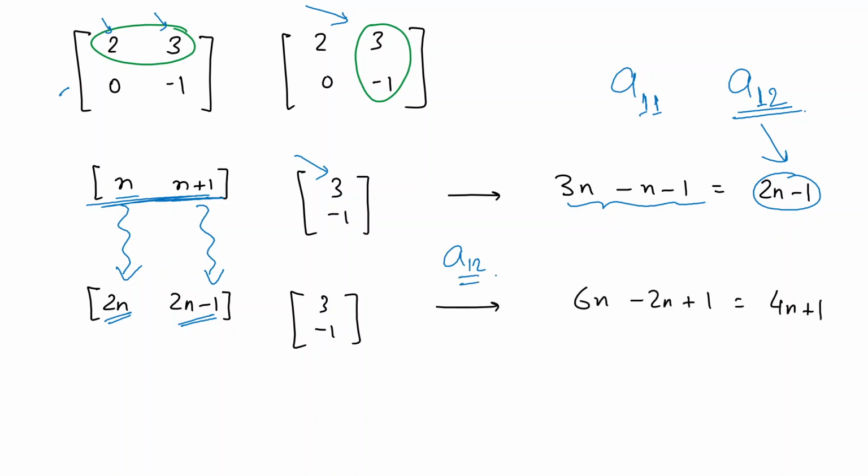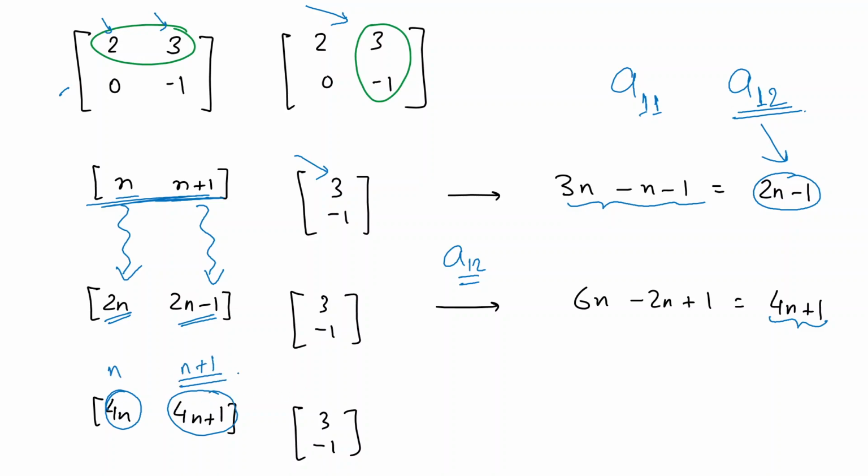What do you get? You get 4n plus 1. So in the next step, this element will become 4n because this is the first element, and the second one will become 4n plus 1. So we are back to this n plus 1 type of situation, and then this pattern will keep on repeating itself.